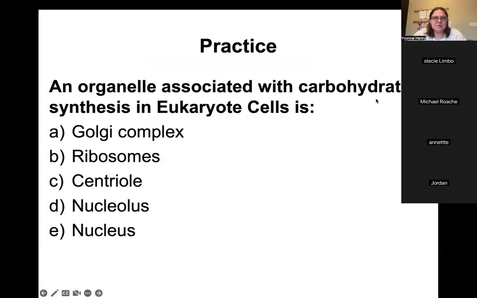Okay. So let's do some practice questions here. An organelle that is associated with carbohydrate synthesis in eukaryotic cells is what? Carbohydrate synthesis in eukaryotic cells. What part of the system of membranes that I've been talking about relates to carbohydrates? So we have the Golgi complex, the ribosomes, the centriole, the nucleus or nucleolus.